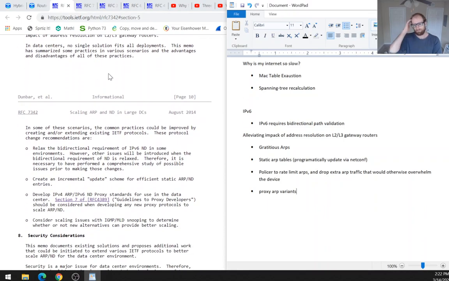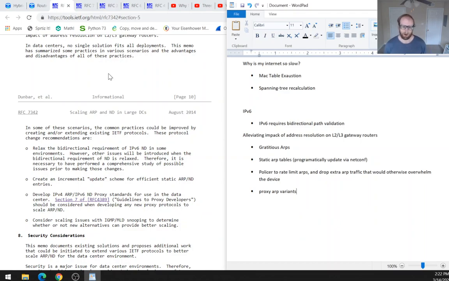Okay, so that's the five-point guide. You can have gratuitous ARPs go out from your boundary routers. You can have static ARP tables instead of relying on those automatic update broadcast messages. You can have a policer limit ARPs, so you're just dropping extra ARP traffic instead of exhausting your MAC table capacity and turning your switches into hubs.